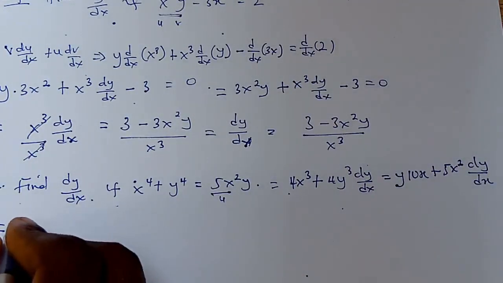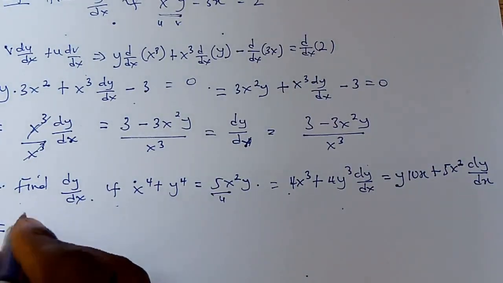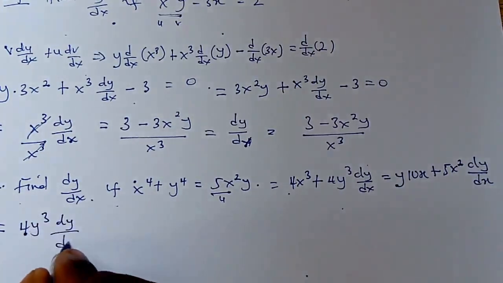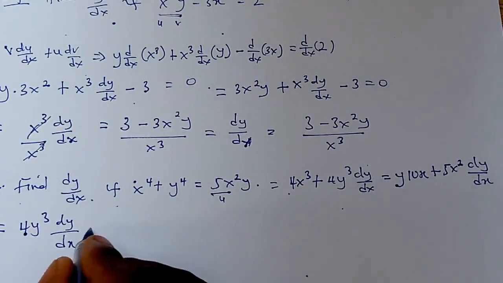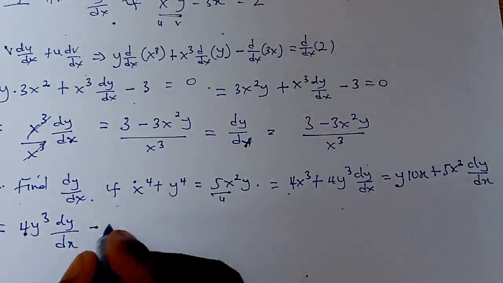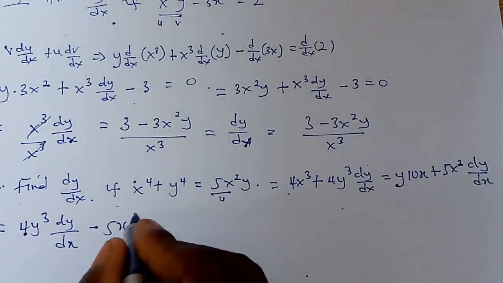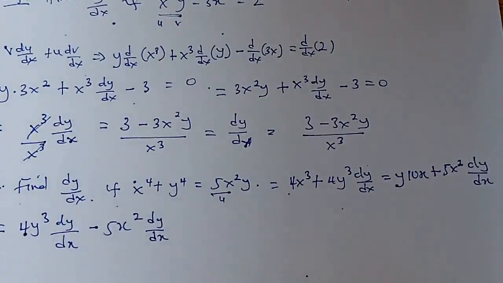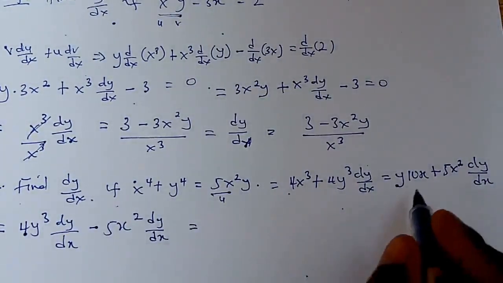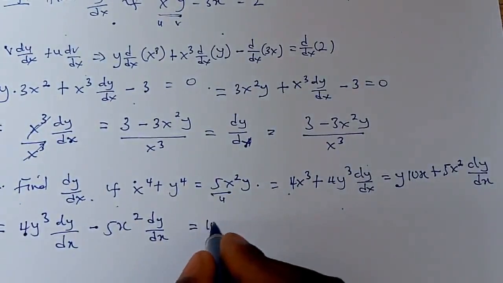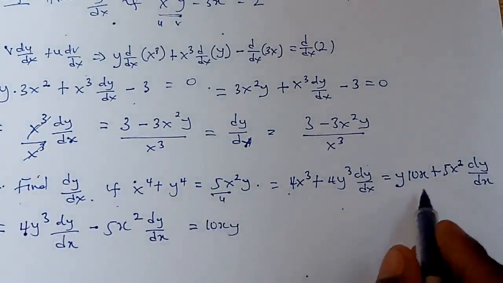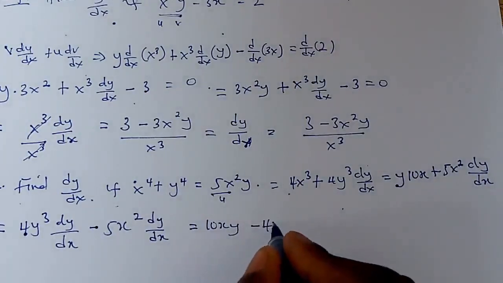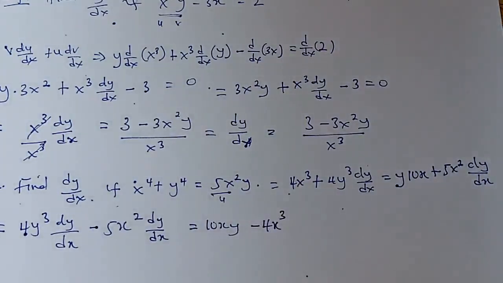So I can now say that 4y raised to the power 3 dy/dx, okay, minus 5x squared dy/dx, it's now equal to, I can rearrange this one to get 10xy minus 4x cubed, like this one.